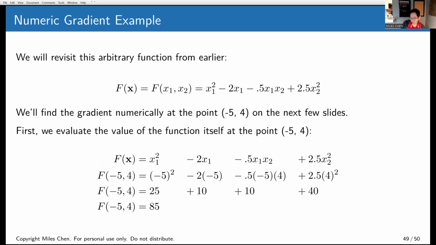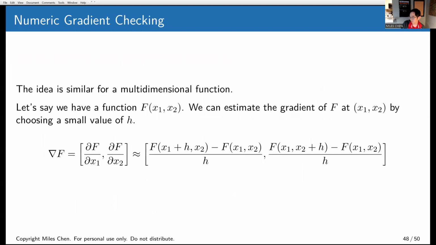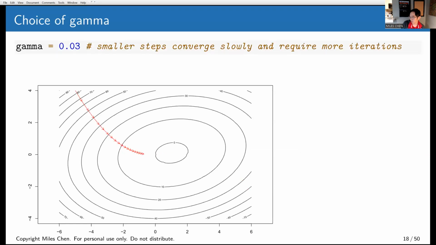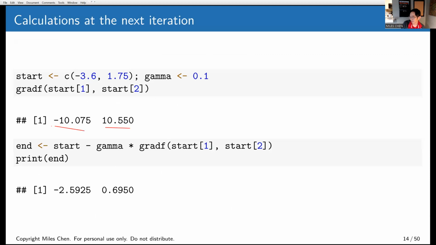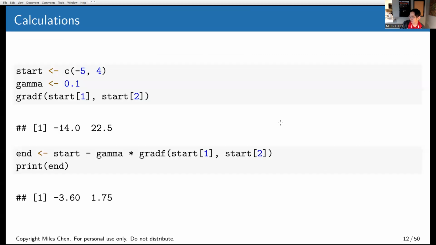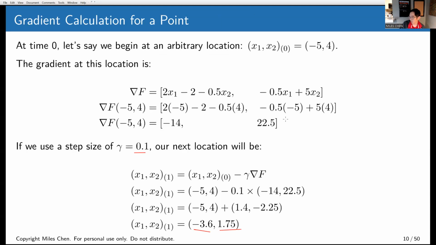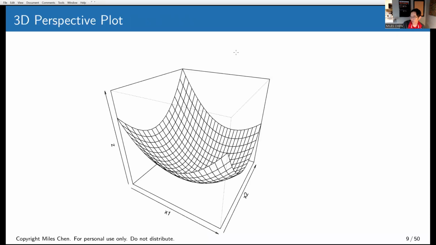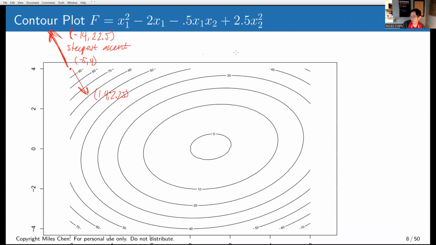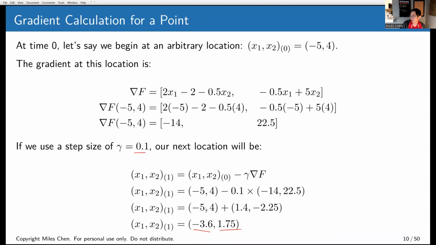So let's try this out. Way earlier we calculated the gradient at my starting location of -5, 4. Remember this function, x1 squared minus 2x1 minus 0.5x1 x2 and 2.5x2 squared. We say, okay, what's the gradient there?